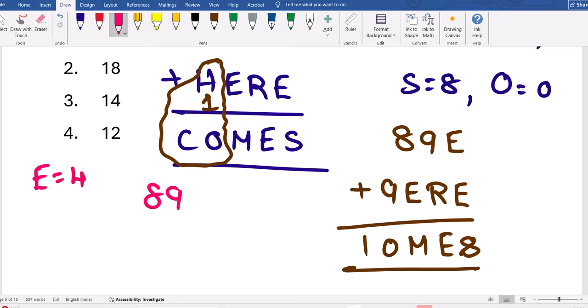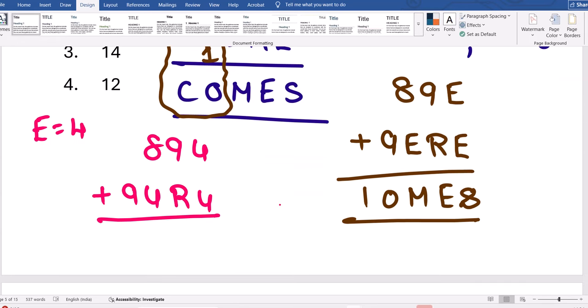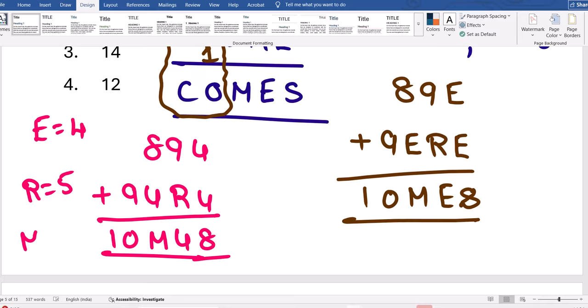Then 8 9 4, 9 4 R 4. Here 1 0 M and here E must be 4. R must be 5, right? M must be 3.